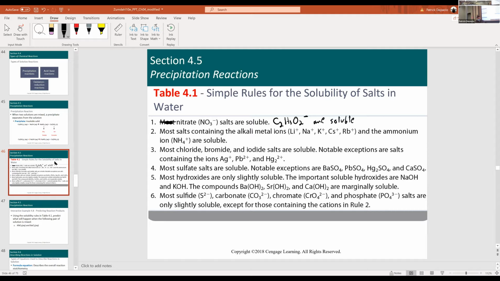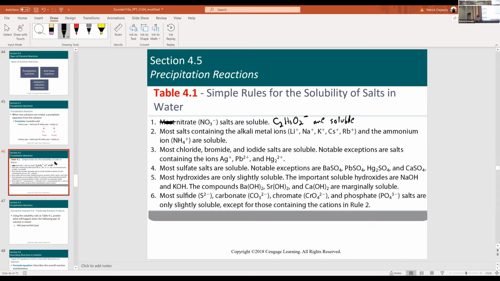And before you ask, do you have to memorize this? To the best of your ability. But it's easy if you think about it correctly. You just have to remember a couple of things. The first, nitrates and acetates are soluble. That should be the first thing you look over. If you see an ionic equation, you should be like, all right, are there any acetates or nitrates? If there are, then whatever that's paired with, the whole thing is soluble.